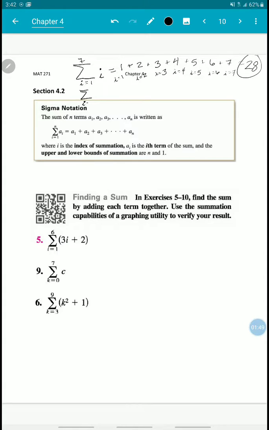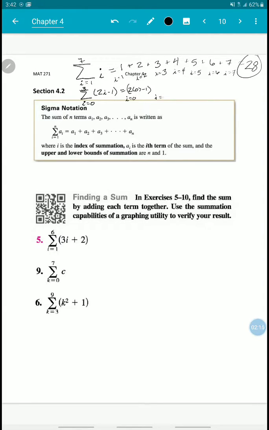Suppose we wanted I is equal to 0, and we're going to go to 3. And we had a different expression here. Maybe it was 2I minus 1. Then that means when I is equal to 0, if we were to plug a 0 in, we're going to have 2 times 0 minus 1. So there's your first term.